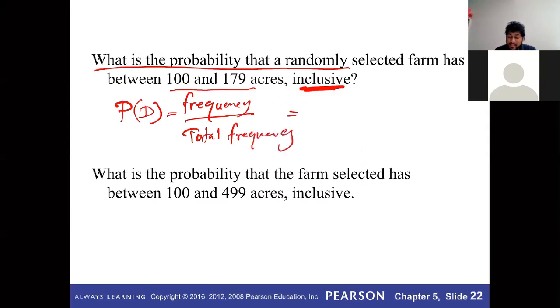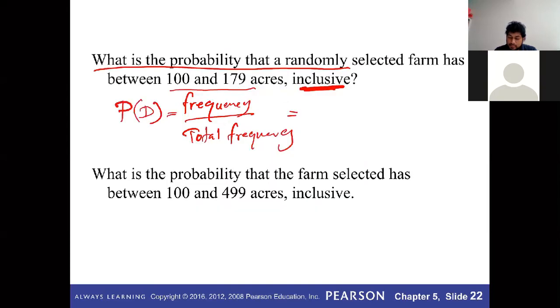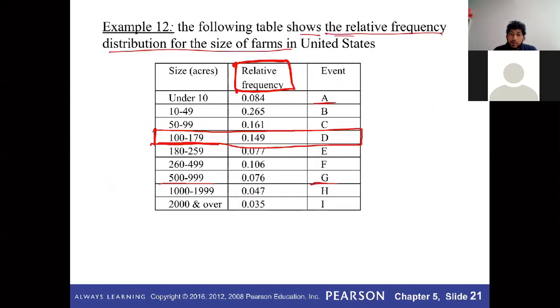But here they have given you relative frequencies. Relative frequency means frequency divided by the total number of frequencies.